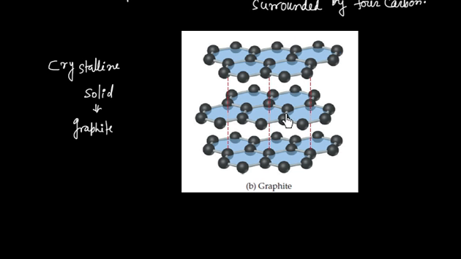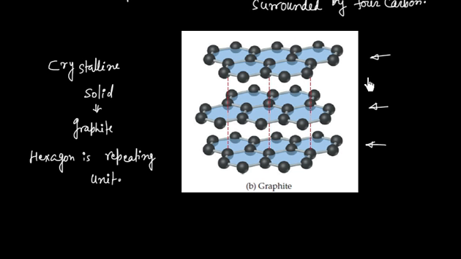So hexagon kind of unit cell is repeating. So hexagon is the repeating unit. Now we have one layer of carbon atoms, we have another layer of carbon atoms, we have another layer of carbon atoms.